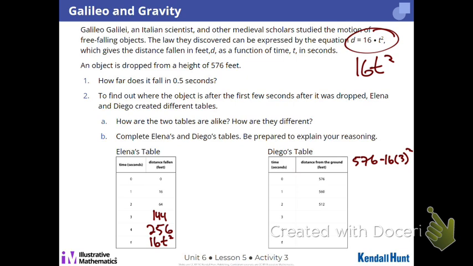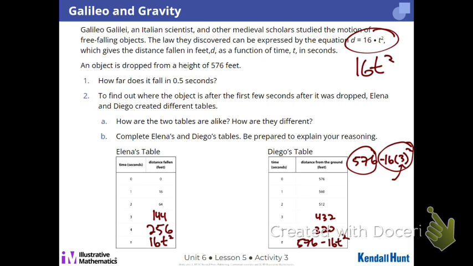So how much is left at 3? 432 is left? Yeah, and then 320. And you can get those by substituting in time here, right? The building height minus how far it has gone. So the building height is 576, and we're subtracting our 16t squared, which is how far it went.